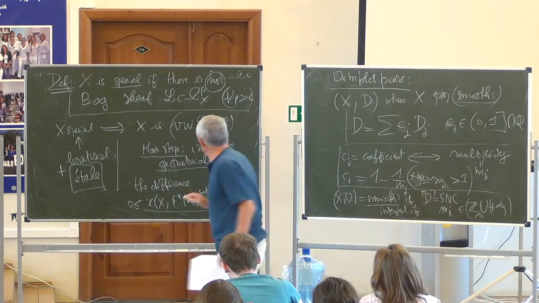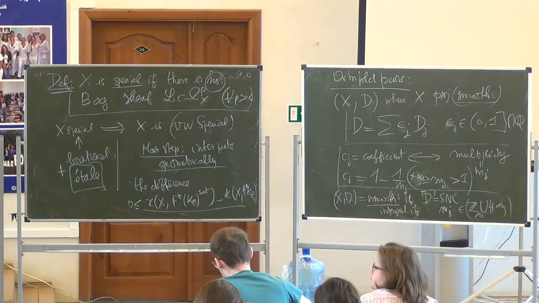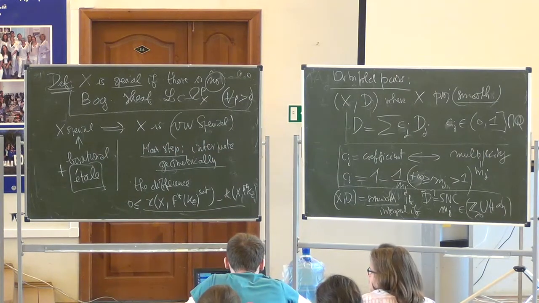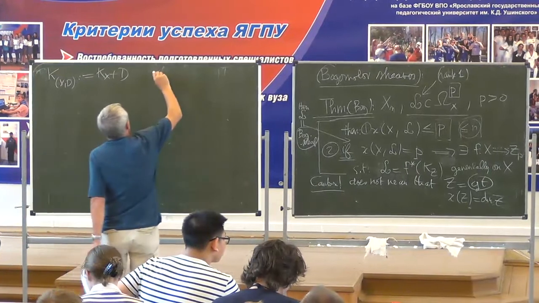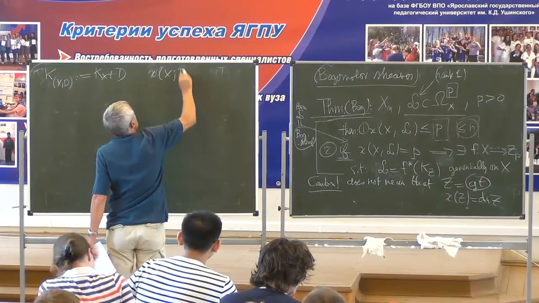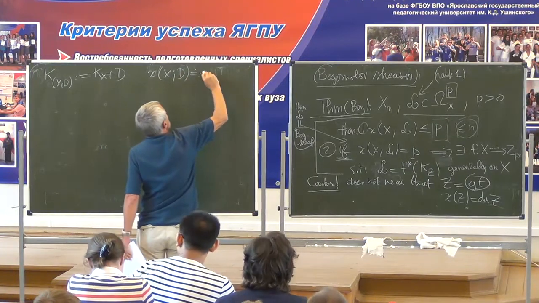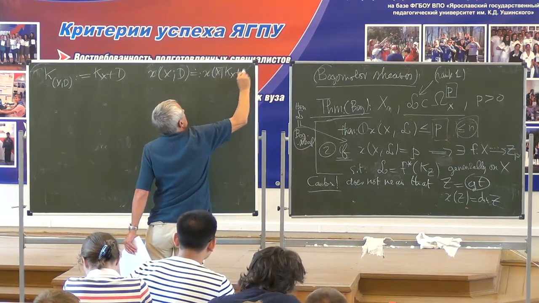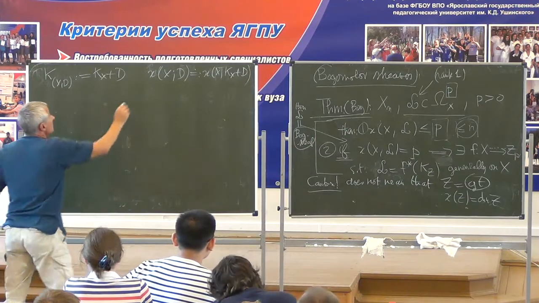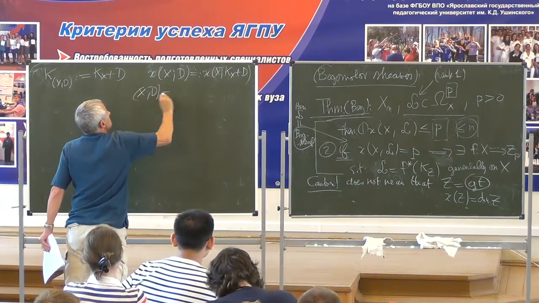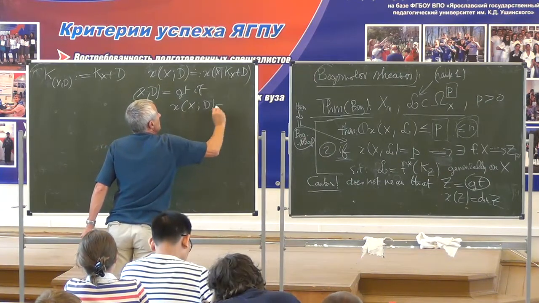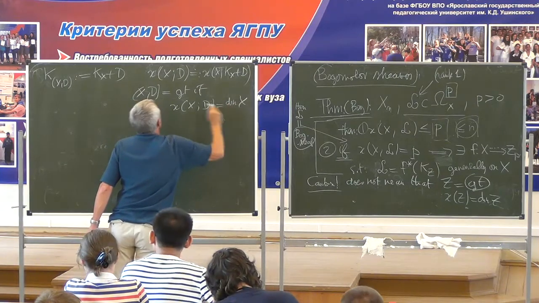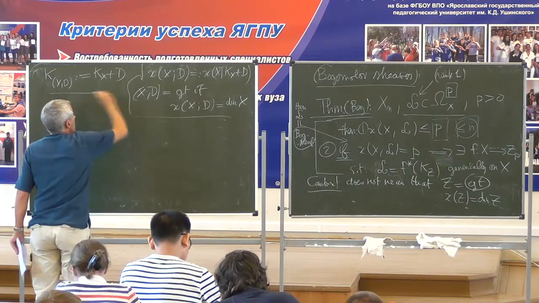And I will only introduce the simplest thing, which is just the canonical bundle of (X, D). By definition, this will be K_X plus D, which is very standard. And we say that (X, D) is of general type if kappa of (X, D) is equal to the dimension of X. This is the very simple thing.